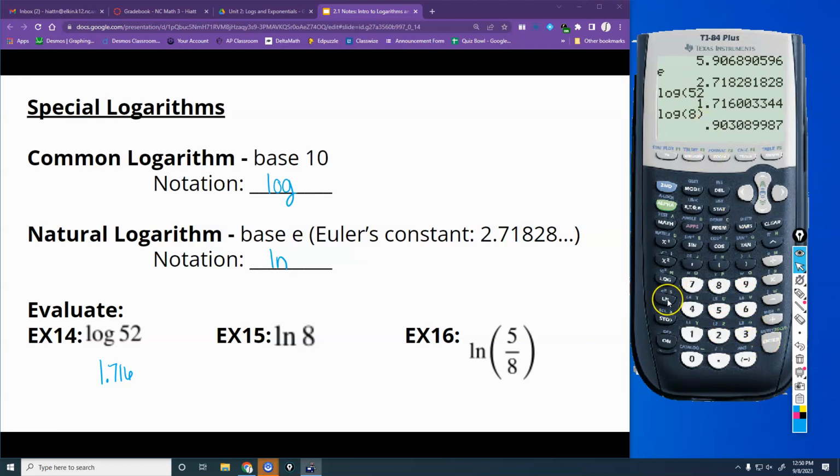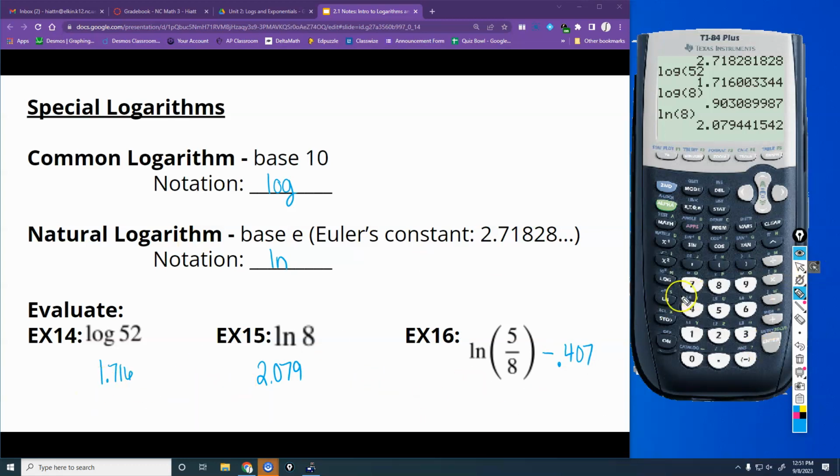It's the one right below it, LN. Perfect. 2.079. Peyton, what did you get for 16? Negative 0.407. That sounds about right as well. It should be a negative for sure.